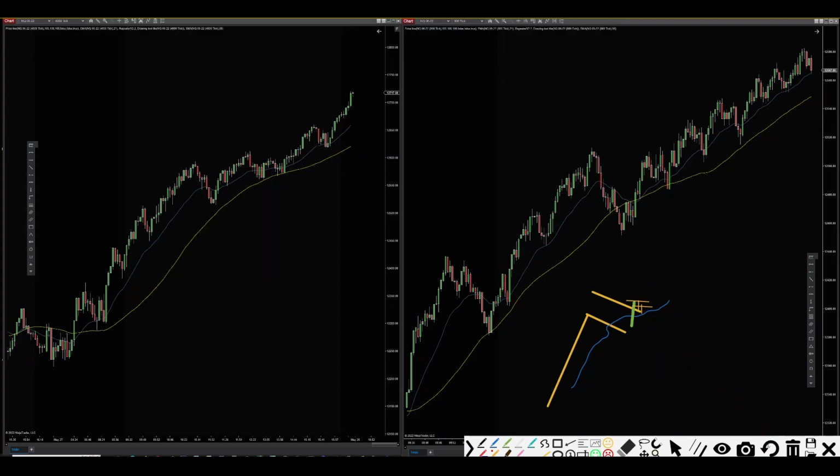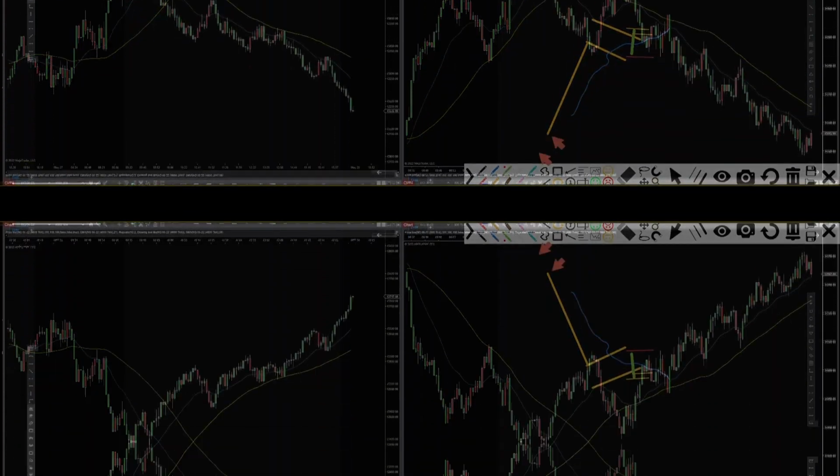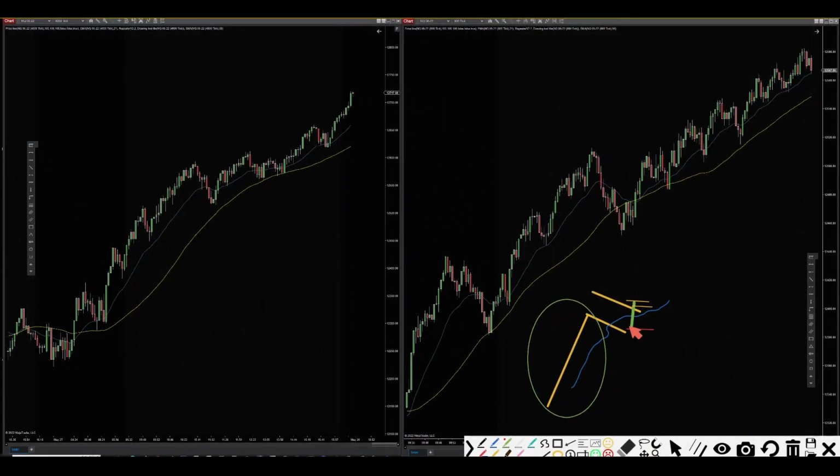Once we enter the trade, I usually place my stop loss at the bottom of that signal bar. Then the next step is our profit target, where we need to take our profit. Usually what I do here is measure that first push, and then I expect the same or similar on this move here.